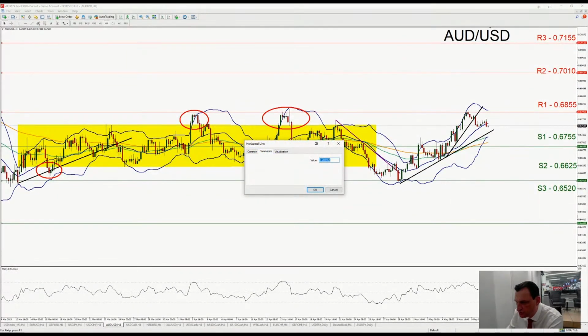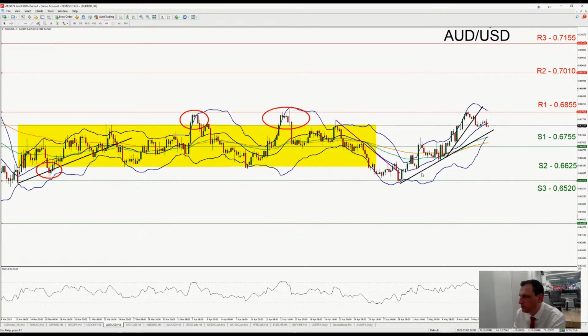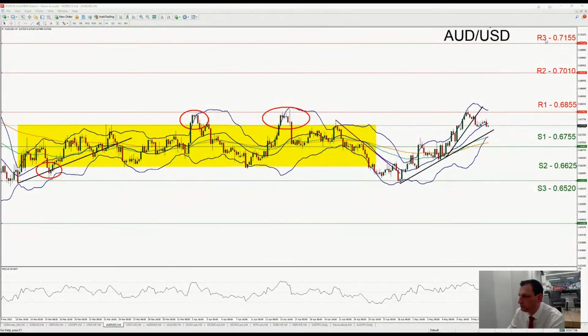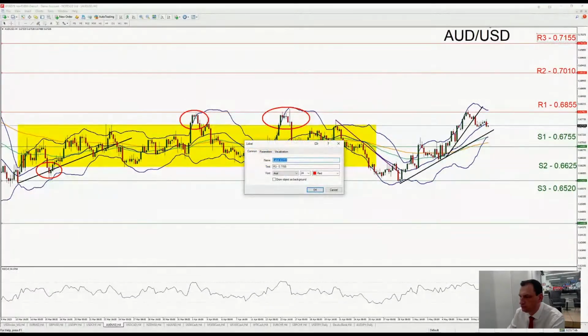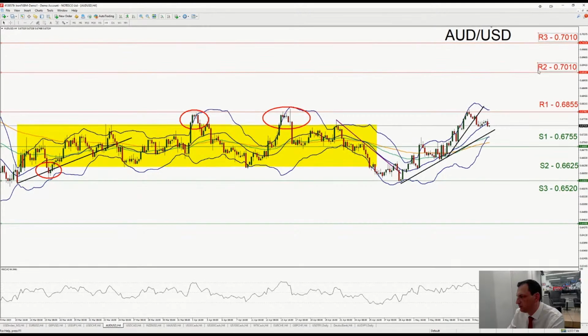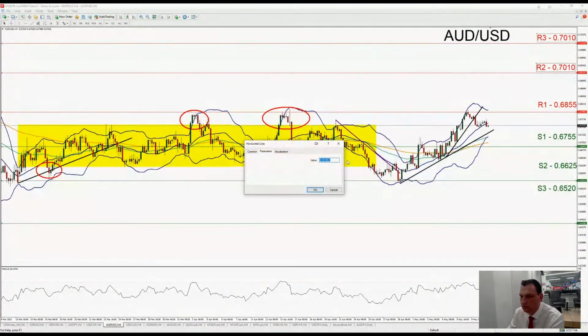Starting with the R3, which is now being placed at 0.701. The R2, which is being placed at, let's have a look, 0.6920.